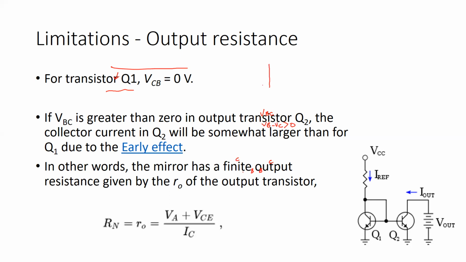This is how the current in transistor Q2 will vary.